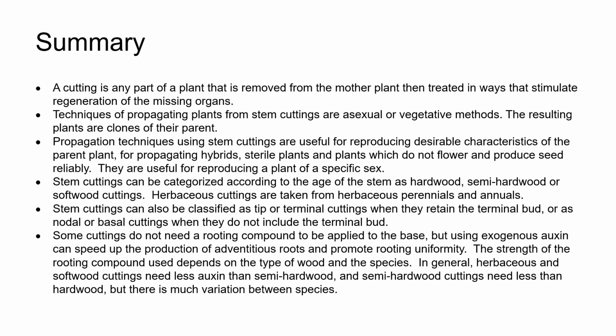Some cuttings don't need a rooting compound to be applied to the base, but using exogenous auxins can speed up the production of adventitious roots and promote rooting uniformity. The strength of the rooting compound used depends on the type of wood and the species. In general, herbaceous and softwood cuttings need less auxin than semi-hardwood, and semi-hardwood cuttings need less than hardwood, but there's a lot of variation between species.